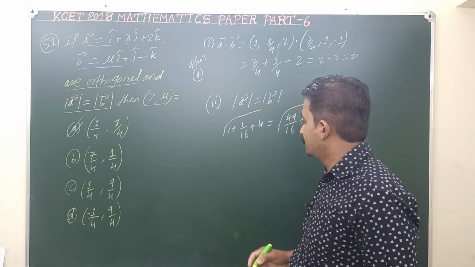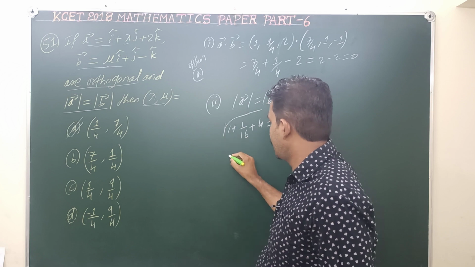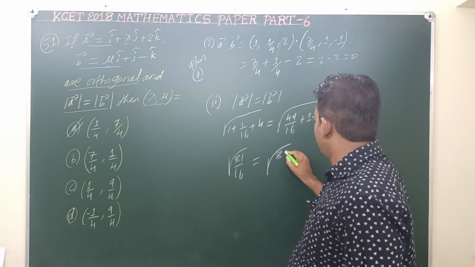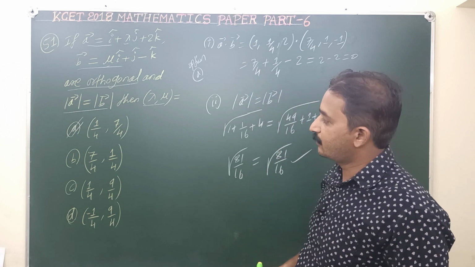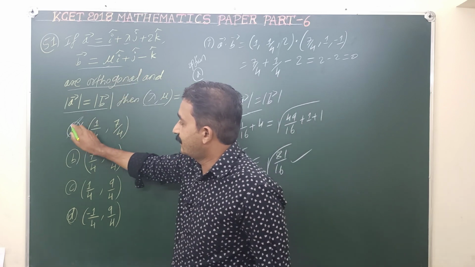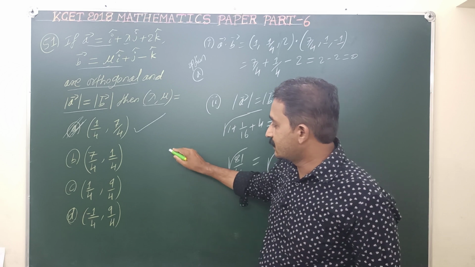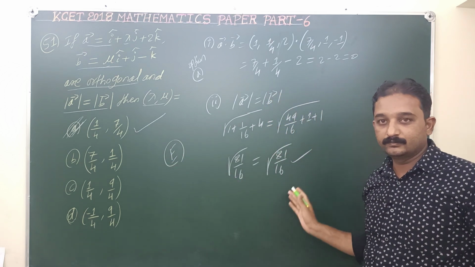So 16 fours are 64, plus 16, plus 1, 81 divided by 16. Here also 81 divided by 16. Both are the same, the magnitude is also the same, and both are perpendicular. These two conditions are satisfied by option A only, hence option A is correct. So this is an easy question. All the students can solve this question easily.